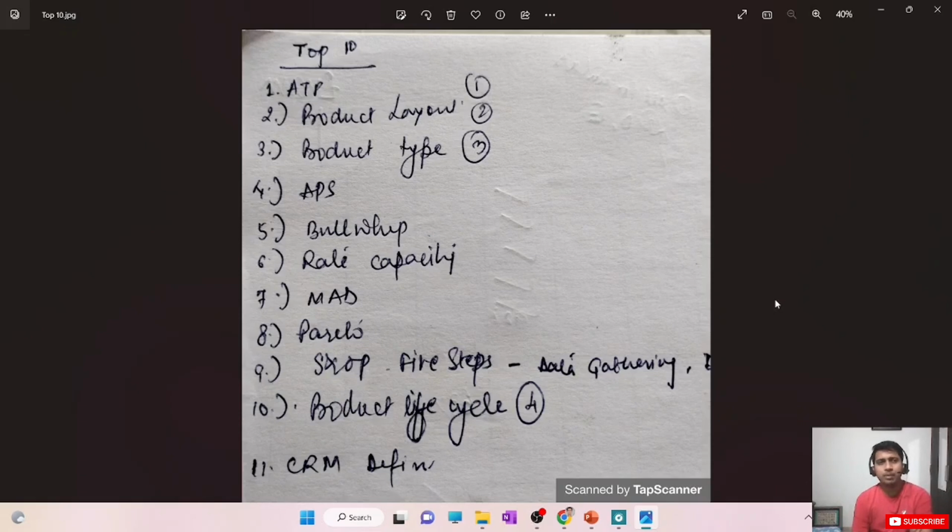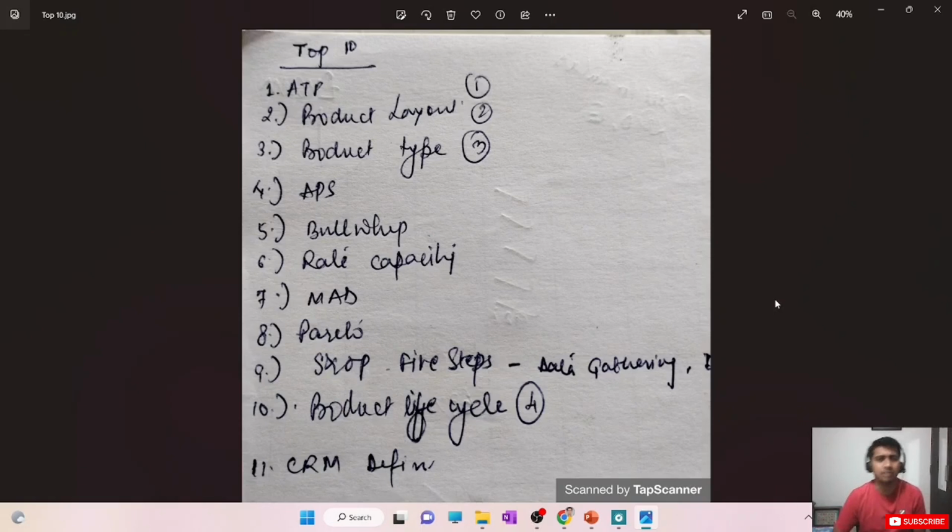This is what I prepared 1-2 months before my actual exam, and I prepared this by researching through different websites, after my experience of going through APICS learning systems, what different types of quizzes they are asking, pocket prep, and after interacting with different CPM professionals who have already cleared the exams.